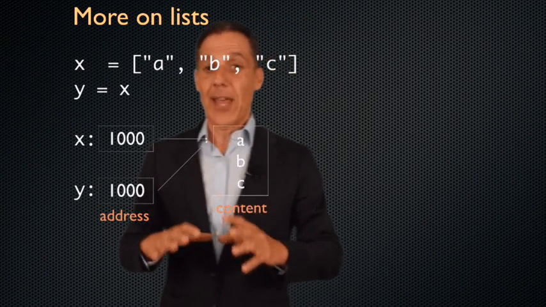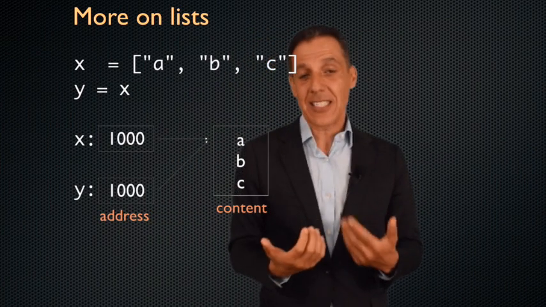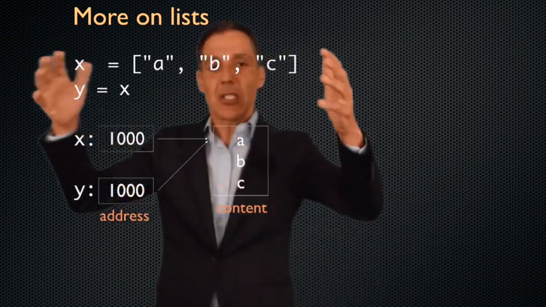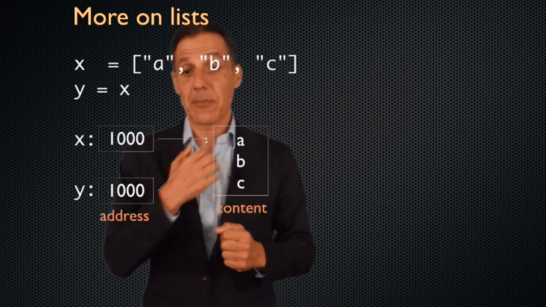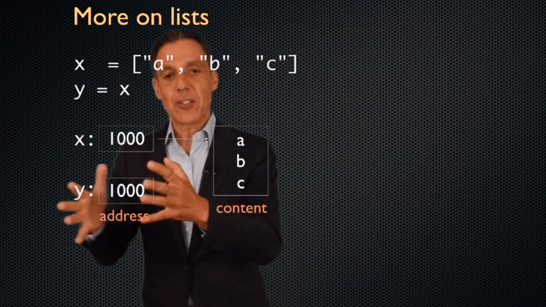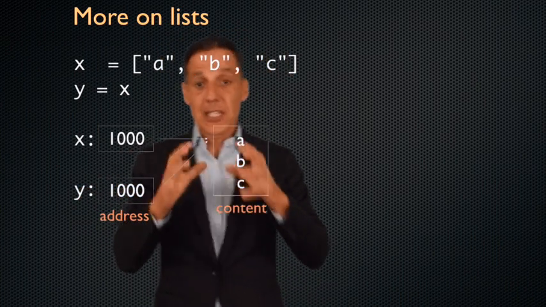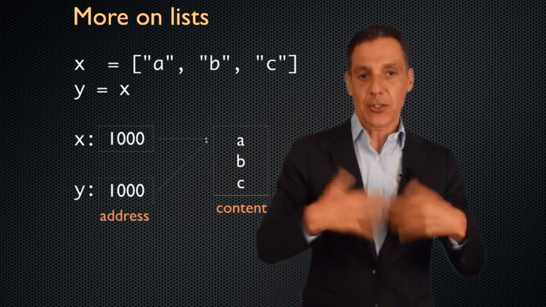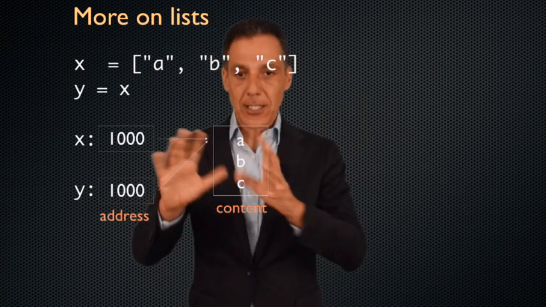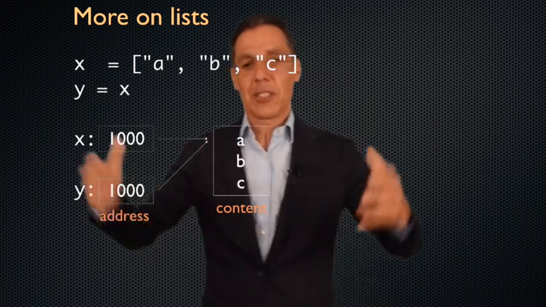Okay? So that's an important distinction to make, and it seems sort of like an inconsistency, but it's not. The reason we do this with these data structures is they sometimes can get very big. And if they get big, we want to have efficiency by storing these memories, and then we are going to have the ability to literally create a copy of it, and I'll show you that in a little bit. So that's why we're storing these addresses, because they lead to efficiency of implementation, particularly when these lists get very large.